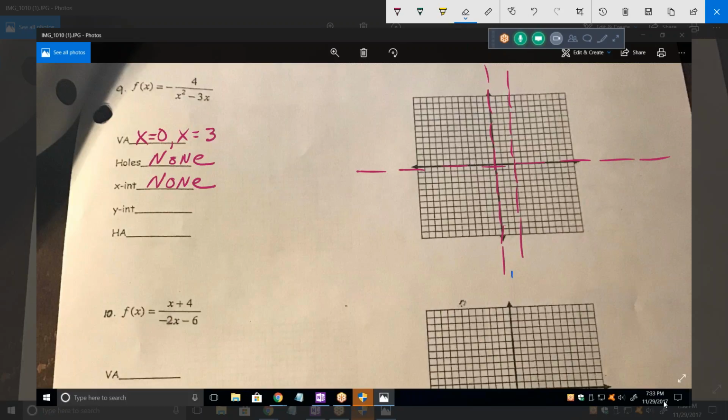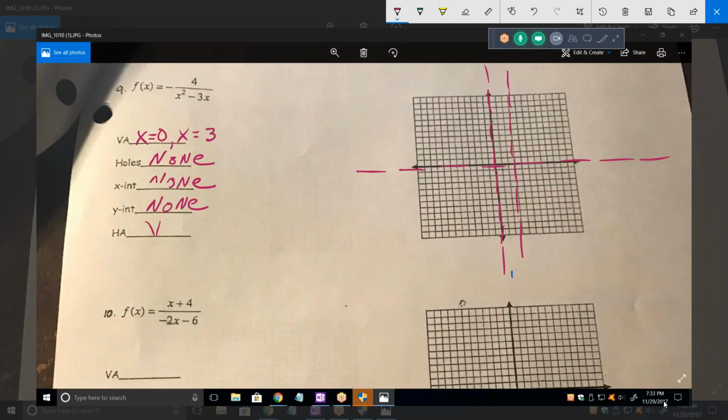I want to make sure you knew that the way you figure out y-intercepts is by putting 0 in for x, just like the way you figure out x-intercepts by putting 0 in for y. Well, when I put 0 in for x, the denominator is 0. I can't divide by 0, so there are no y-intercepts either.